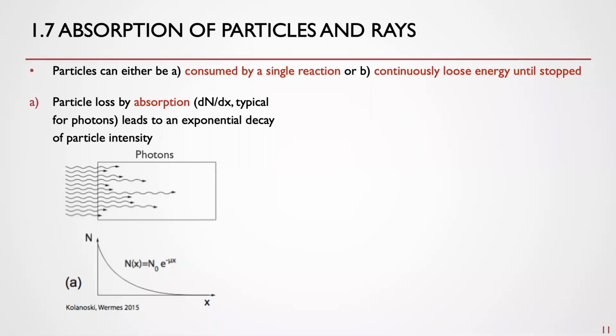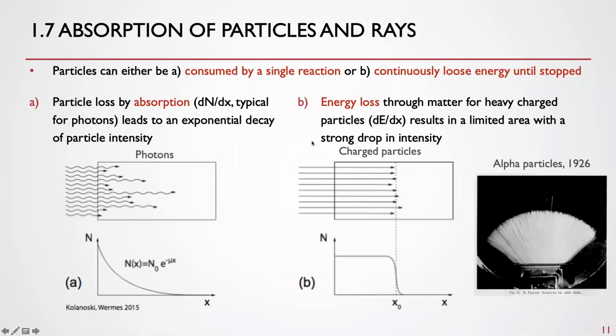The other way to lose a particle is by energy loss through matter that's more or less constant with respect to energy. This is true for example, for heavy charged particles. This results in a limited area with a strong drop in intensity.